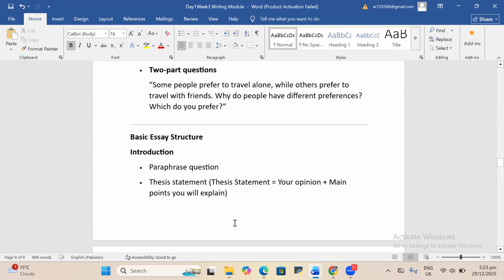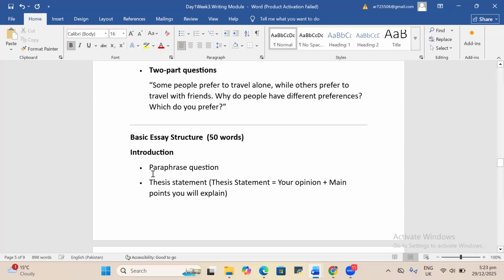Okay, so here one important thing is how many sentences you need to write for an essay. It is really important for you, because if you know the proper roadmap, then you can easily design your essay in a more perfect way. The first thing is that usually you can write 50 words in your introduction. 50 words means if you write two or three sentences, your word count is approximately around 50.